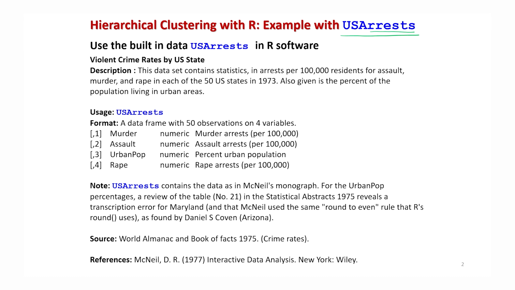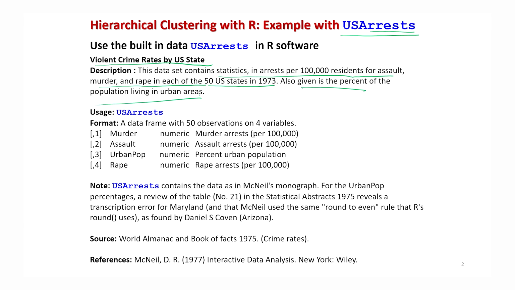Actually this is data about violent crime rates by US states, and it contains statistics in arrests per 100,000 for assault, murder, and rape in each of the 50 US states in 1973. And also given is the percentage of the population living in urban areas.